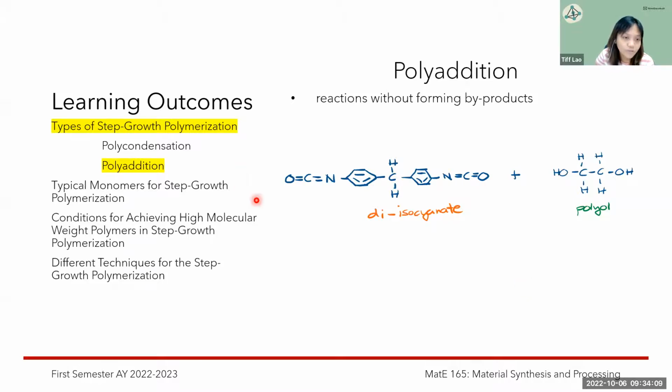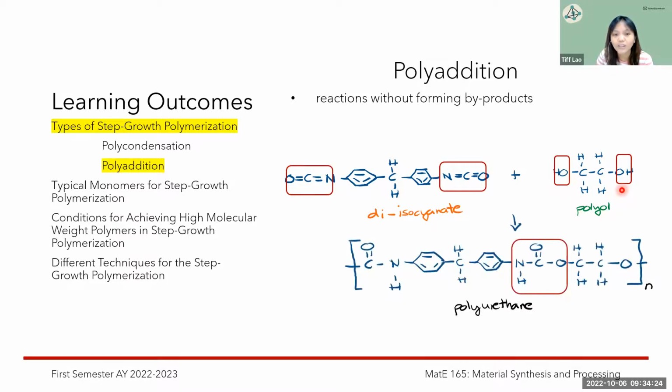So, obviously, hindi siya vinyl, hindi siya diene. So, pag nag-react sila, pansinin yung functional groups. Makakabuo ka ng polyurethane. So, makikita nyo lahat ng molecule dyan, lahat ng atoms ay gamit sa polyurethane.